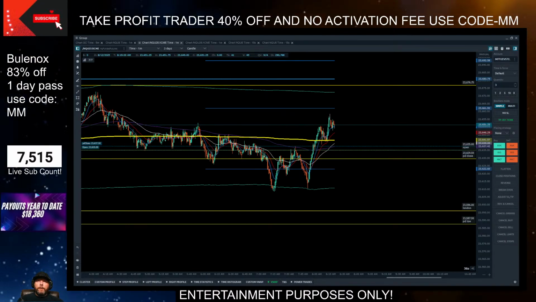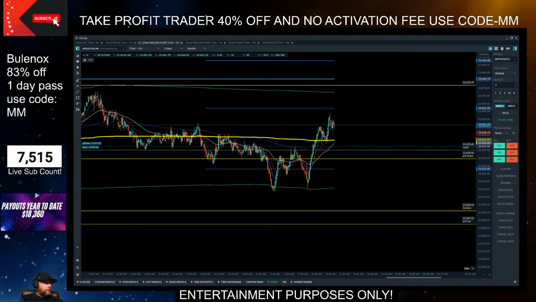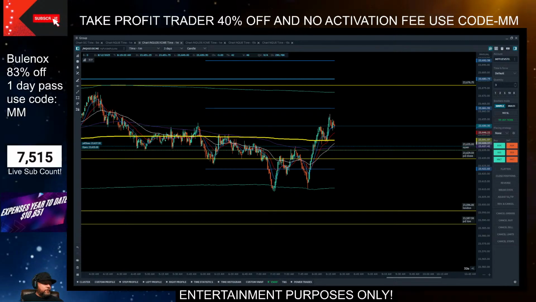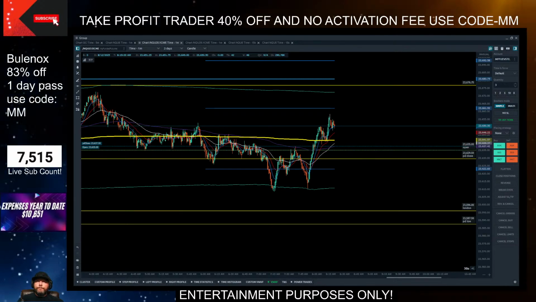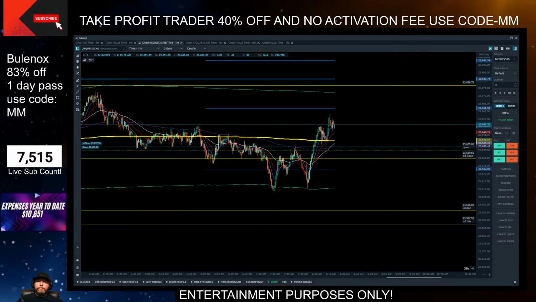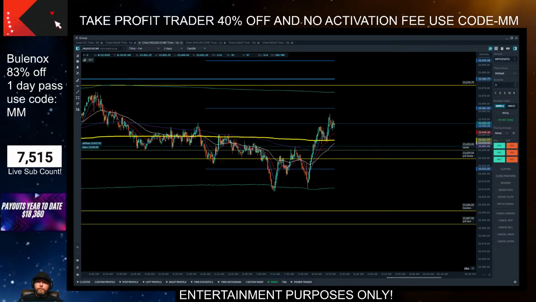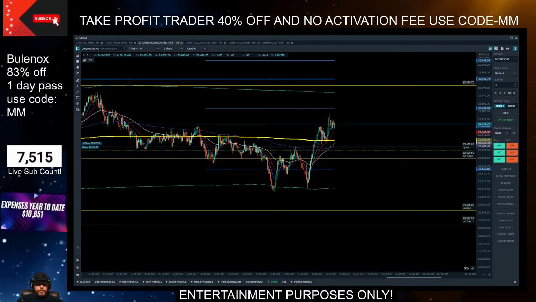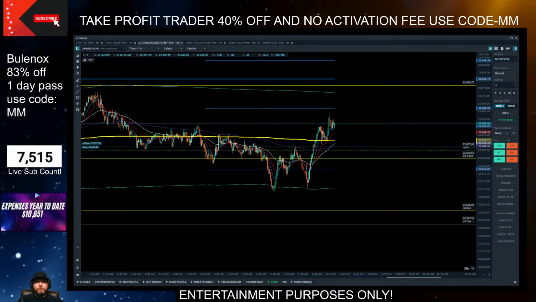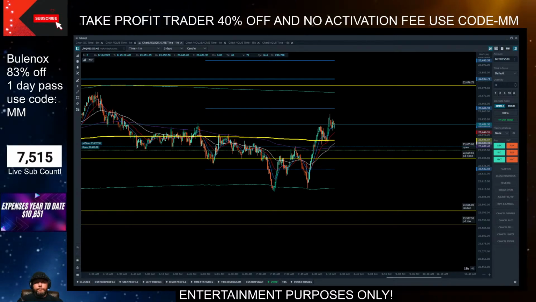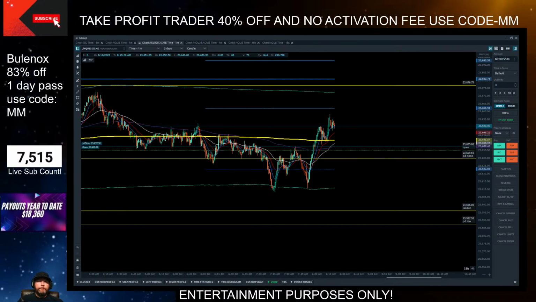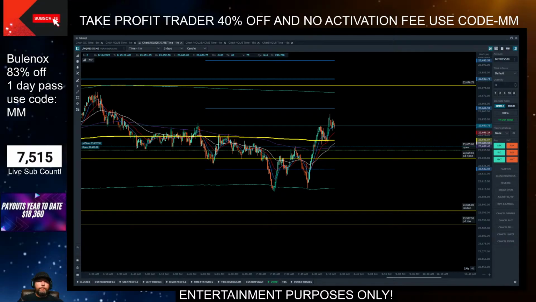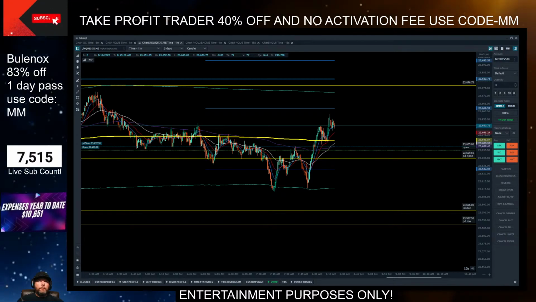What is it on Tradeify? 121 ticks. $121. See if it'll allow me to.